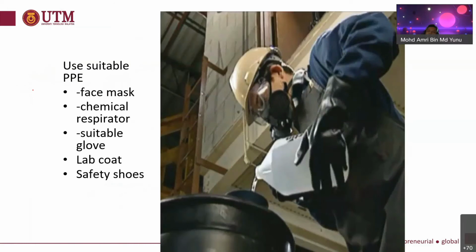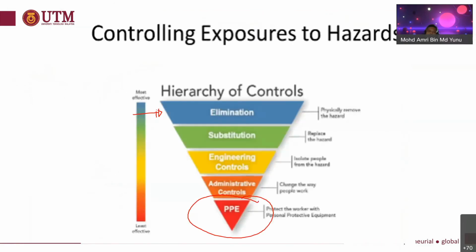Use the proper protection. The controlling measures are similar. We use the same concept, the hierarchy of control, as the control measure. For instance, if the chemical is very dangerous, it is better to outsource. If you still need to do this testing, outsource somewhere, or substitute the chemical, or use engineering control, like we are going to see later in an example, and then administrative control.